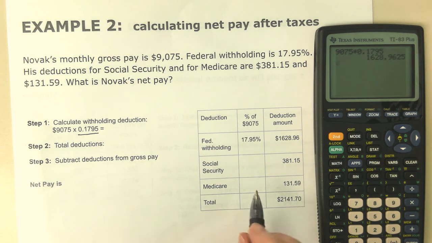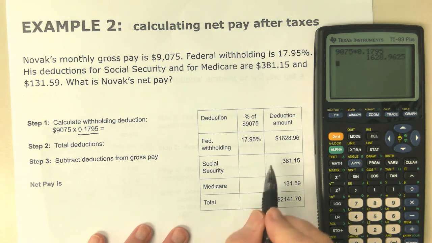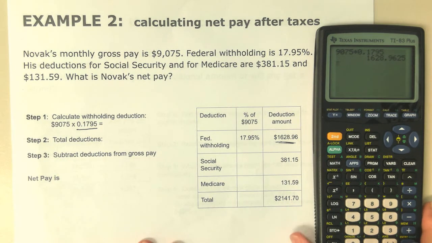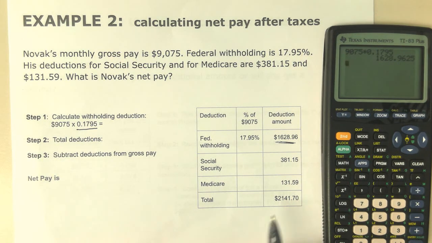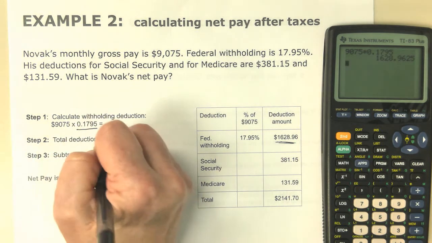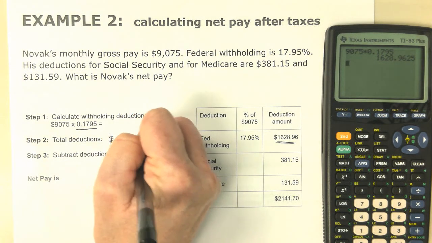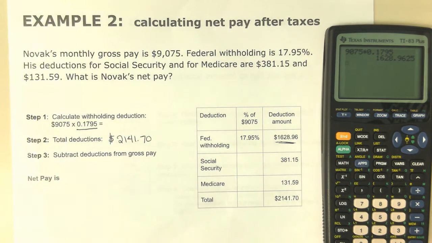And we're looking at a deduction amount of $1,628.96. Okay, so they've already given us the Social Security of $381.15 and Medicare $131.59, and we add those 3 totals together and we get $2,141.70. That is the total deductions. I will write that over here in my steps.